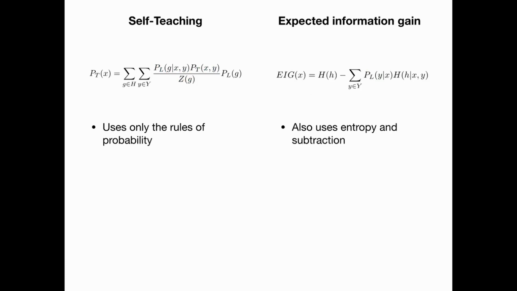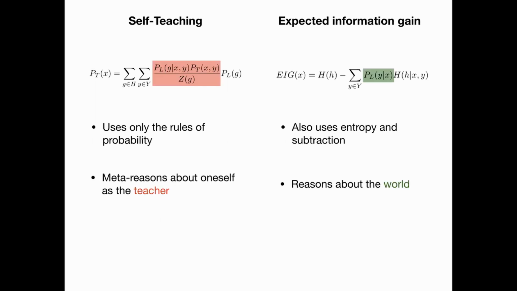The first obvious difference is that mathematically, self-teaching involves only the rules of probability, whereas expected information gain involves the entropy function and subtraction, in addition to the rules of probability. The second difference is that the reasoning behind the models is different.